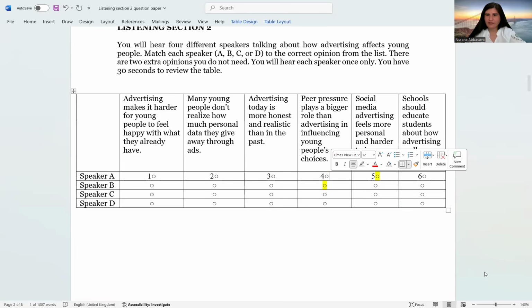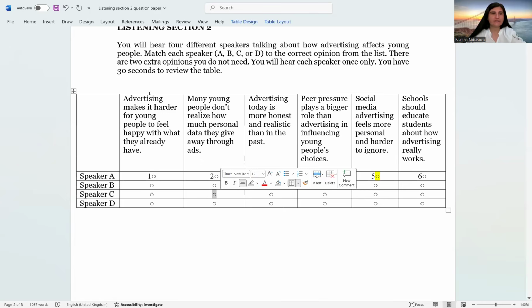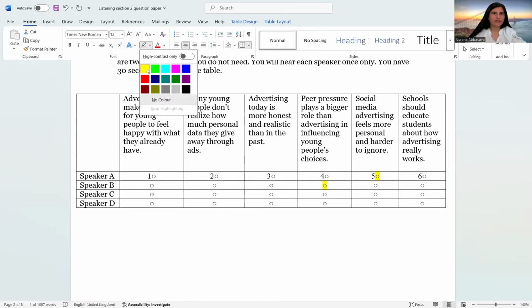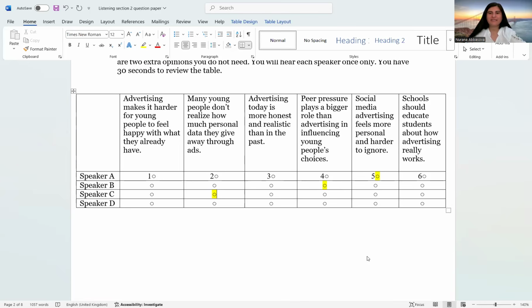Okay, correct. C2, and it was talking about how many young people don't realize how much personal information they give away. Great, you are good, actually. Okay, and the last one, please, Speaker D. Okay, bravo. Yes, exactly.